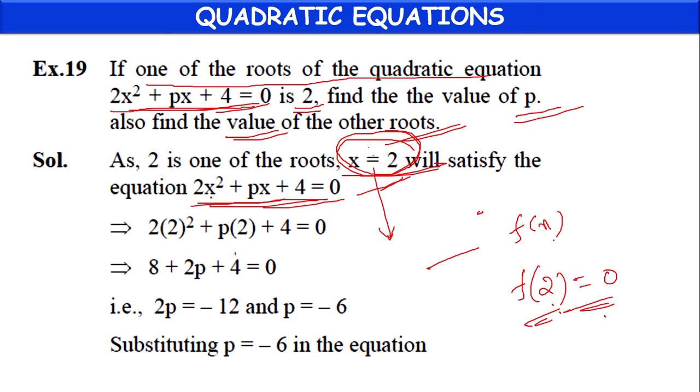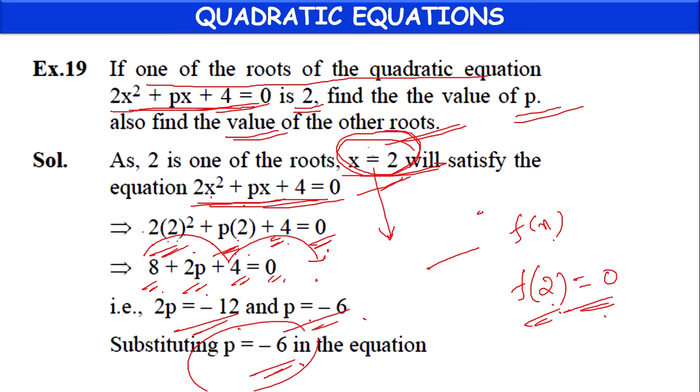So in the place of x, if you keep 2 into 2 square, p into 2 plus 4, then it should become equal to 0. 2 into 2 square equal to 8, p into 2 equal to 2p, plus 4 equal to 0. 8 plus 4 equal to 12, 12 will come this side and become minus 12, 2p equal to minus 12, p equal to minus 6. We have got the p value.